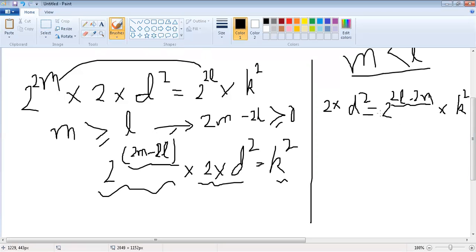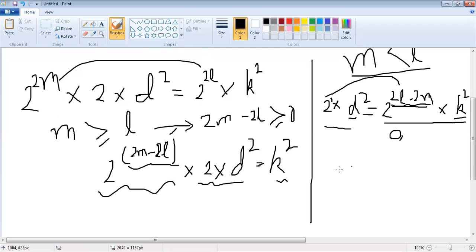So this side is even, this side is even. So we need to compare the powers of 2. From here we can see that either the power is 0 or an even number, so either this is an even number or 0, but this is odd, you can see. So this is again a contradiction.